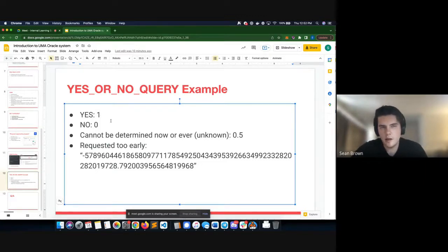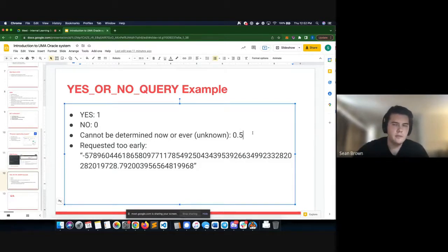Usually the outcomes are yes, where you would vote 1, just the value 1 in the voter DApp or in the optimistic Oracle DApp. It's also no, obviously, and you would vote 0 for that. Then the more complicated portion is, what is the difference between 0.5 and this crazy number?